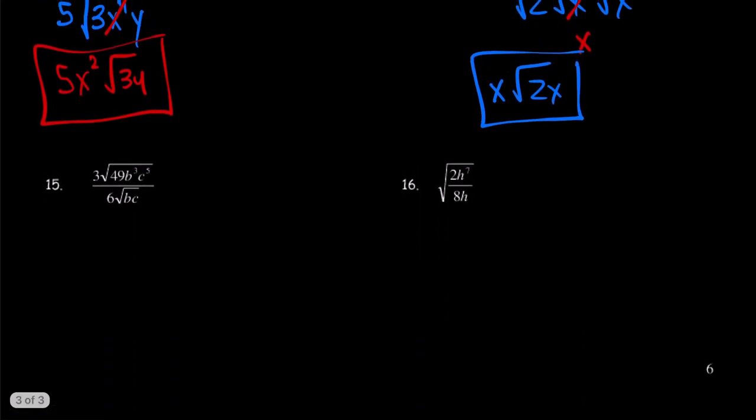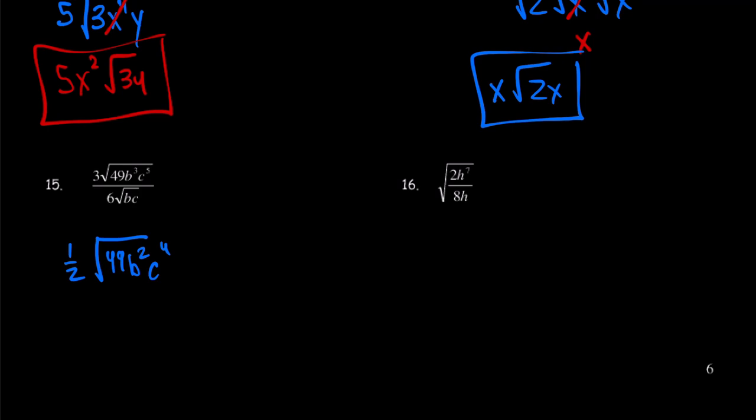All right, last couple. 15, 3 over 6. So this right here is our coefficient. 3 over 6 is the same thing as 1/2. Square root. 49, there's nothing to divide, so I'm going to keep it under the radical for now. Notice I have b cubed divided by b, so that'd give me a b squared. And then c to the 5th divided by c, that's c to the 4th.